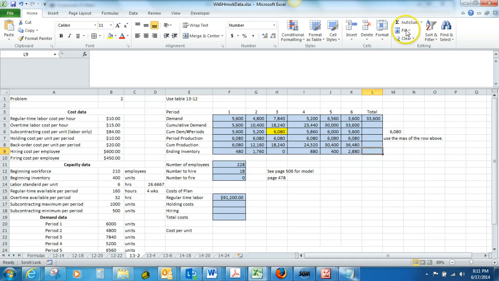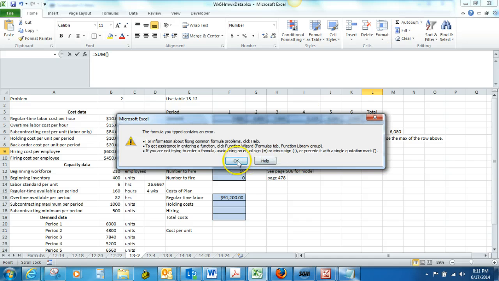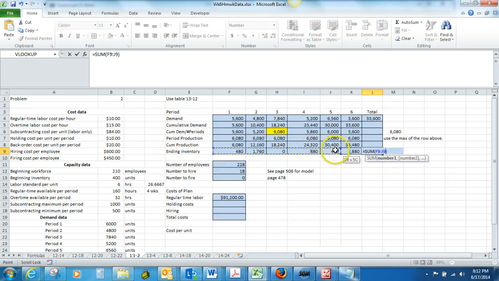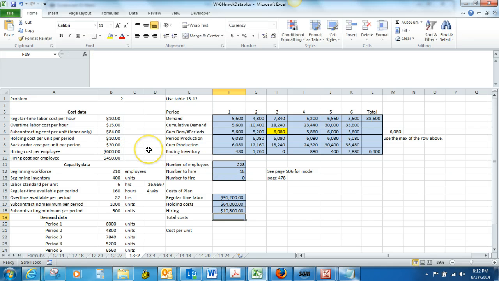So our ending inventory, we have to sum that up. And the amount that we have to keep in ending inventory, which is our 6,400, times our holding cost, which is our $10 per unit. And then our hiring costs are going to be equal to our 18 employees times the amount to hire each one. And then we're going to add all of those costs up.